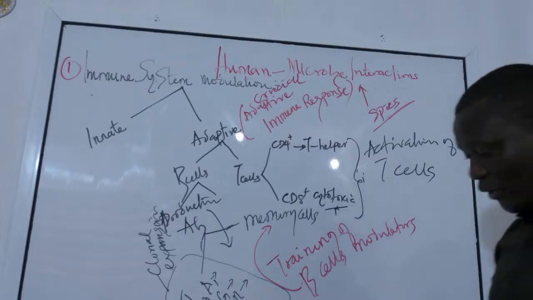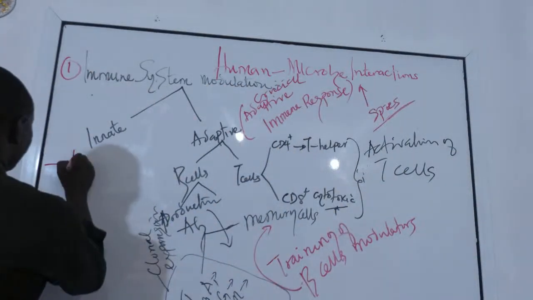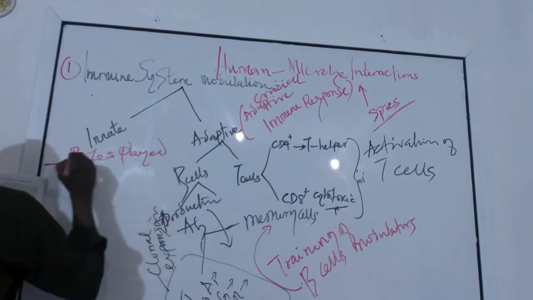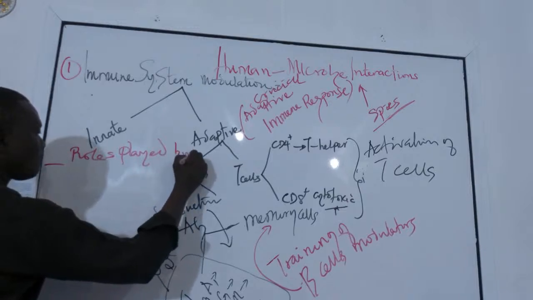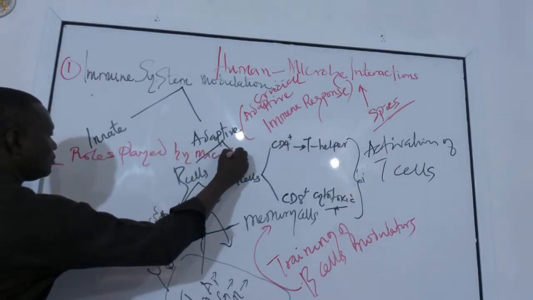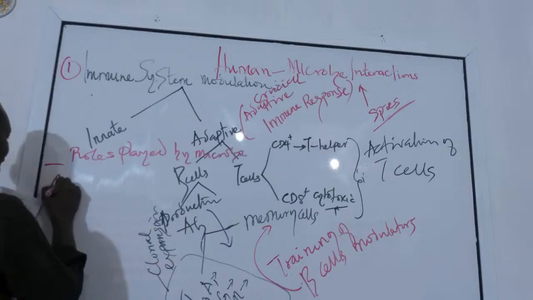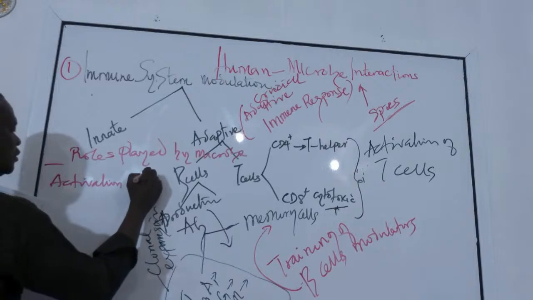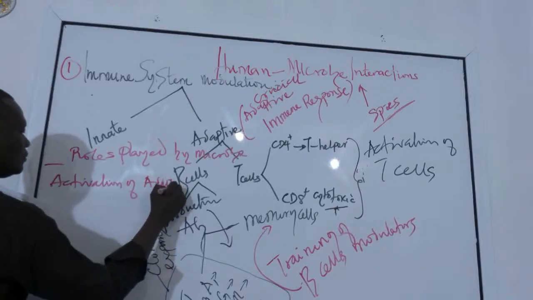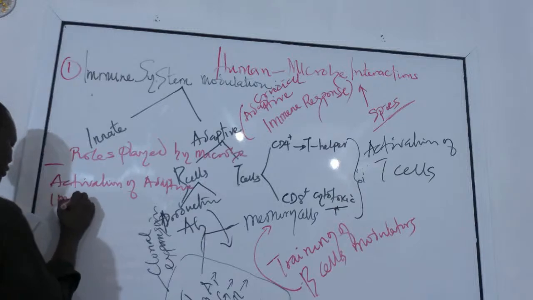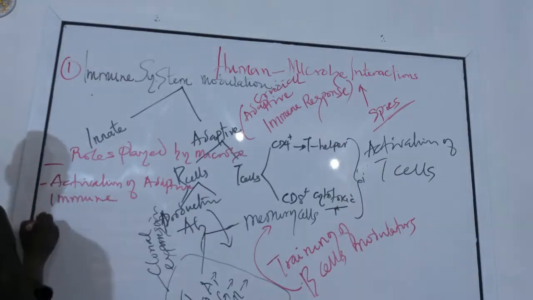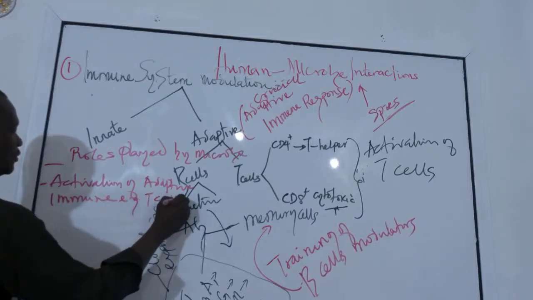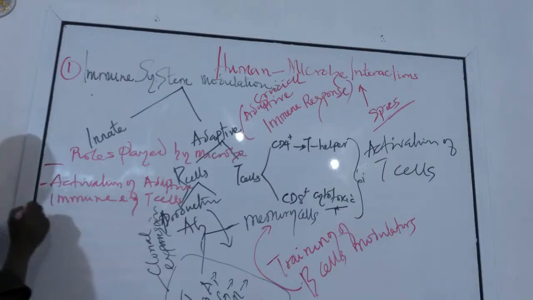So don't forget the roles played by microorganisms include, number one, activation of the adaptive immune system, in particular the T arm of the adaptive immune system.